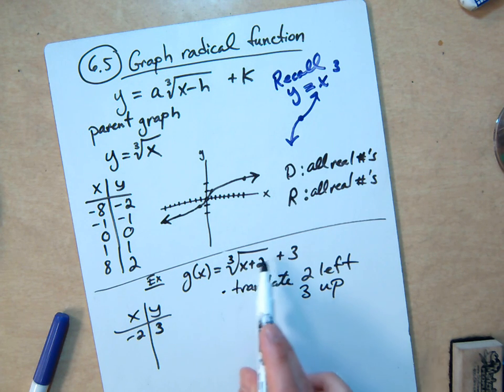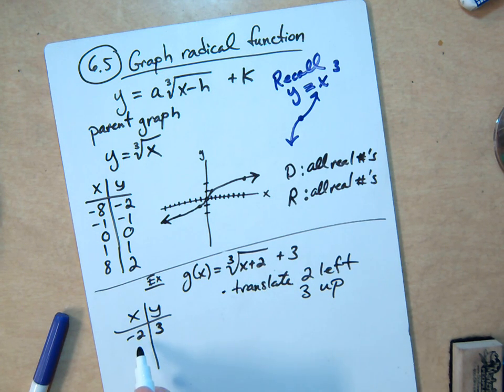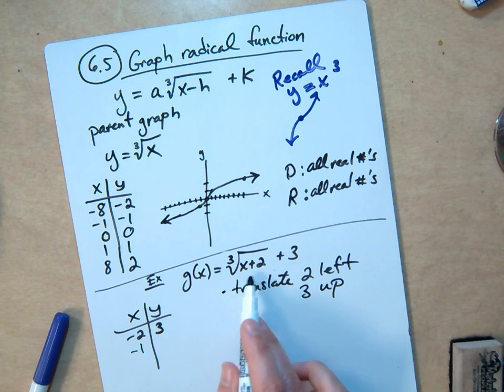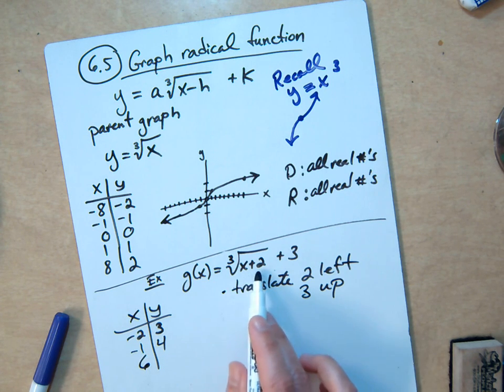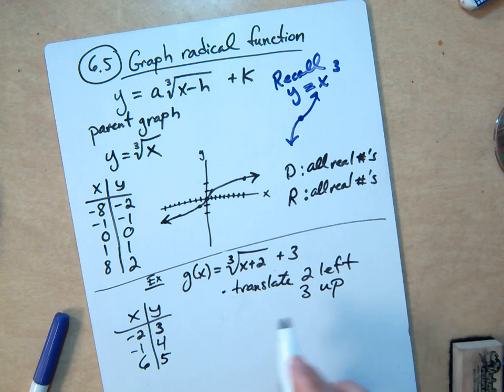What do I want to put there? Negative 1 would be nice, because negative 1 plus 2 is 1, cube root is 1, plus 3 is 4. Anything else? 6. 6 plus 2 is 8, cube root of 8 is 2, plus 3 is 5, etc.